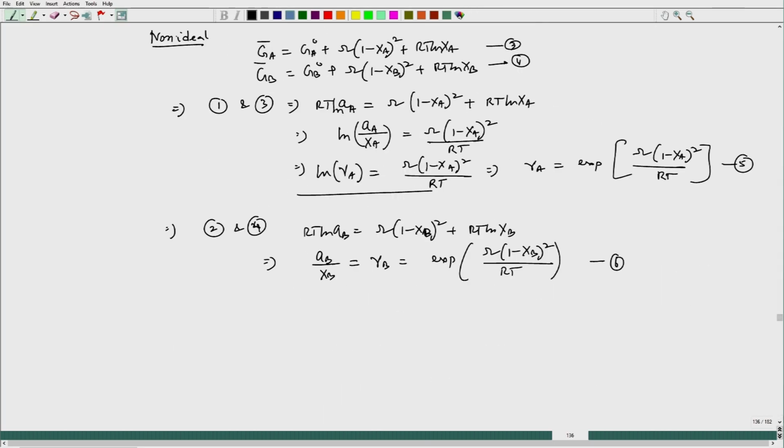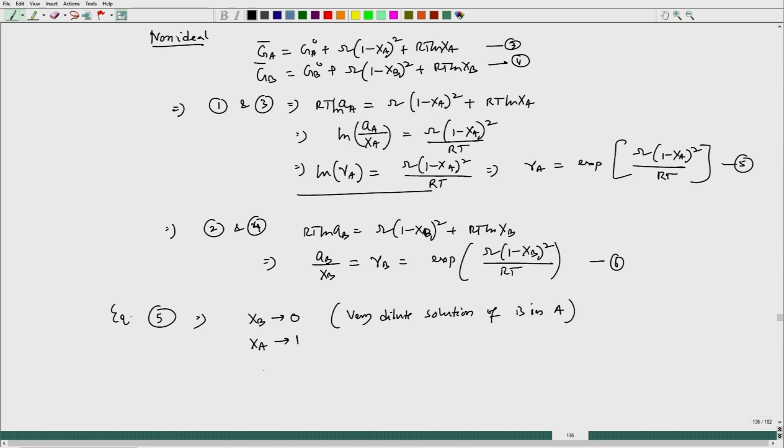Now, let us see equation 5. If I consider XB tends to 0, that means a very dilute solution of B in A. Then XA tends to 1.